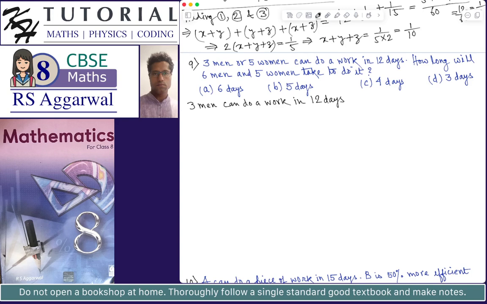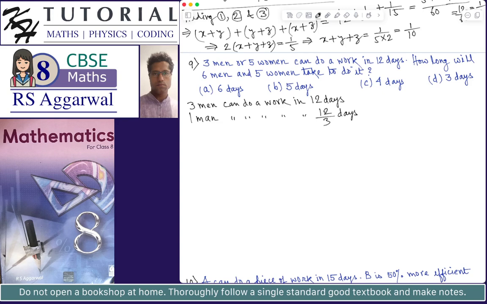So based on common sense and the fact that the number of men and the number of days are inversely proportional to each other, keeping the amount of work constant, we can say that one man can do a work in 12 by 3 days.